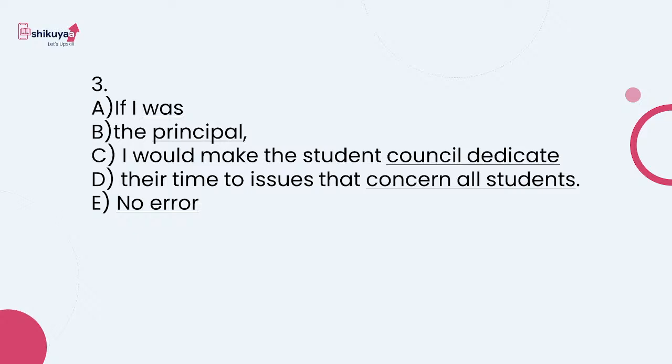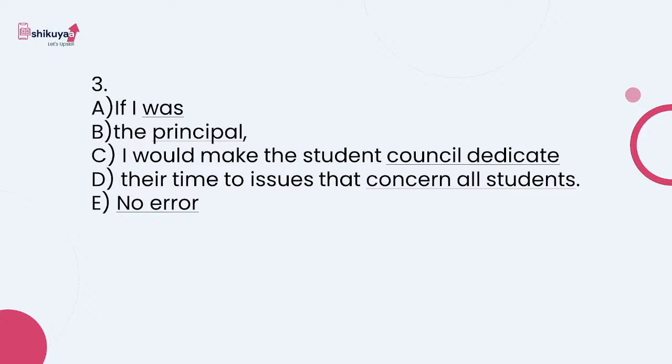Instead of was, we should use were here. Okay students, why? Because it is appropriate to use the subjunctive mood to denote that. The sentence should therefore begin, if I were. Were being the first person subjunctive form of is, rather than if I was the principal, we need to use if I were the principal.